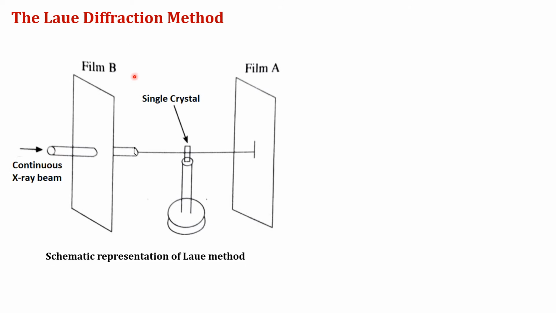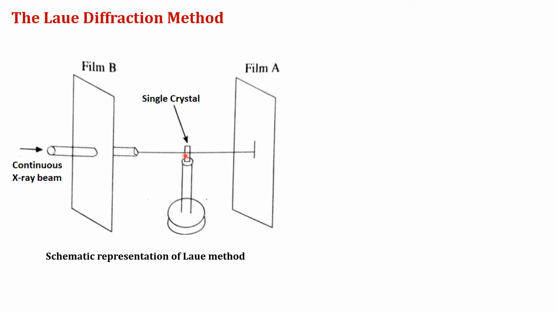The Laue diffraction method is best suited for the determination of crystal orientation, and it also quickly verifies the crystal symmetry in a given crystal. The schematic representation of the Laue diffraction method is shown here. This method consists of a continuous X-ray beam source, a single crystal, and a detector, which is a photographic film.